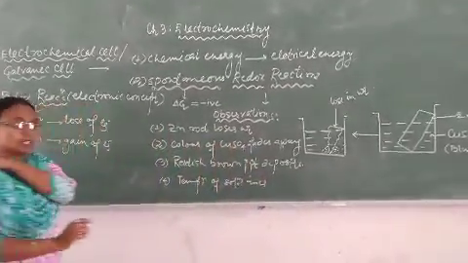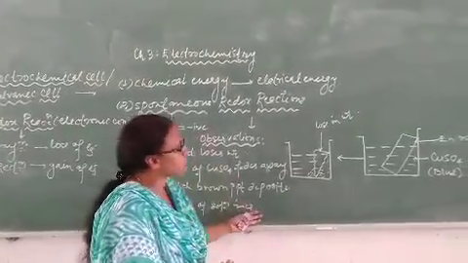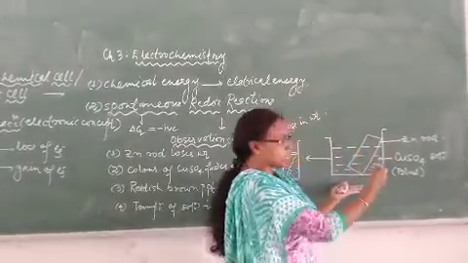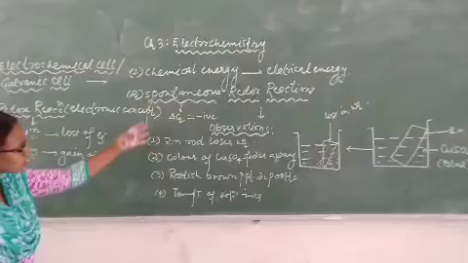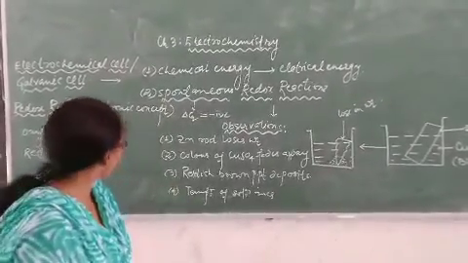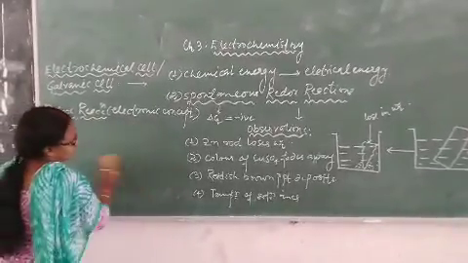Clear? These four observations we can also observe in our lab. Simply if we dip a zinc rod in copper sulfate solution, there will be these four observations. From these observations, what conclusions were made by the scientists?